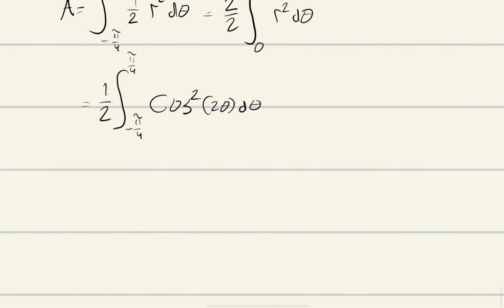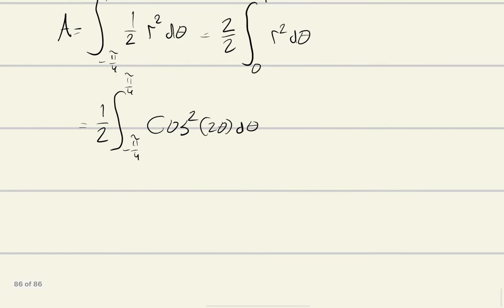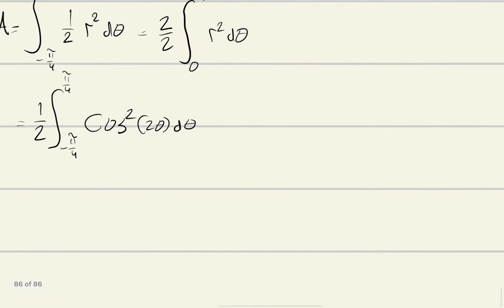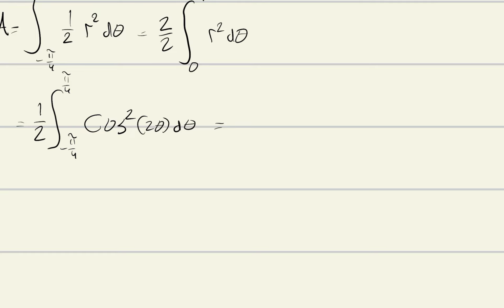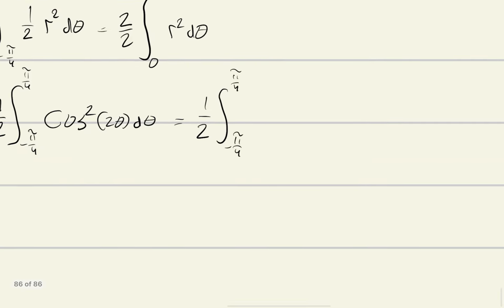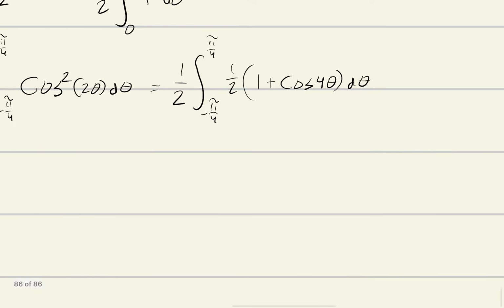And the integral of this, we need to split up that power by using a power reducing formula. So we can say the integral of 1/2 times 1 plus cosine of 4 theta d theta.